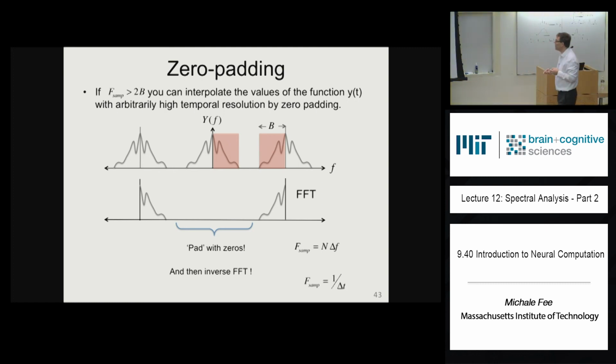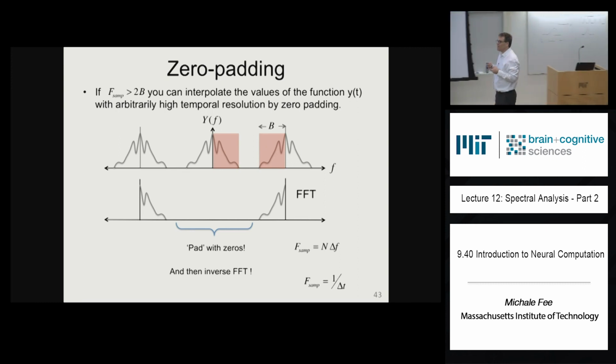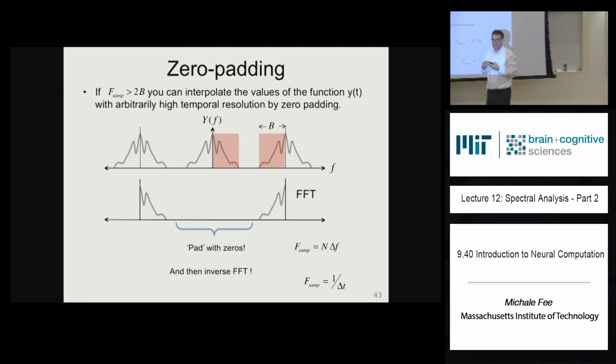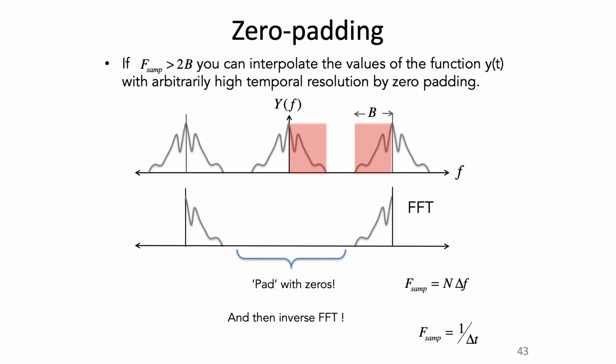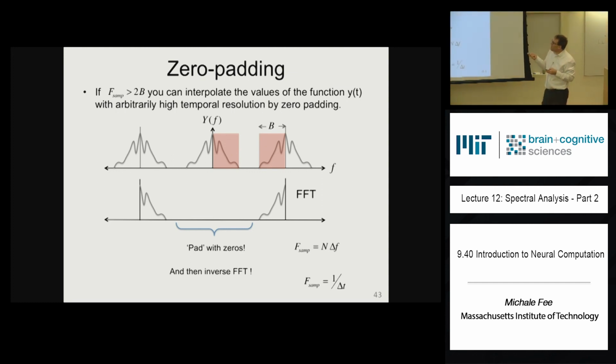Okay? So you can essentially increase the sampling rate of your signal after the fact. Pretty cool, right? Again, it requires that you've sampled at twice the bandwidth of the original signal.